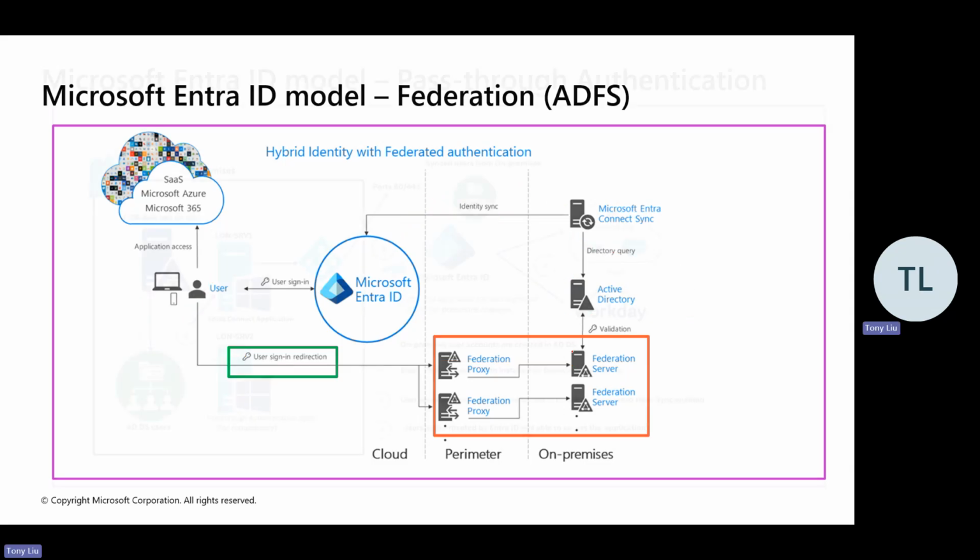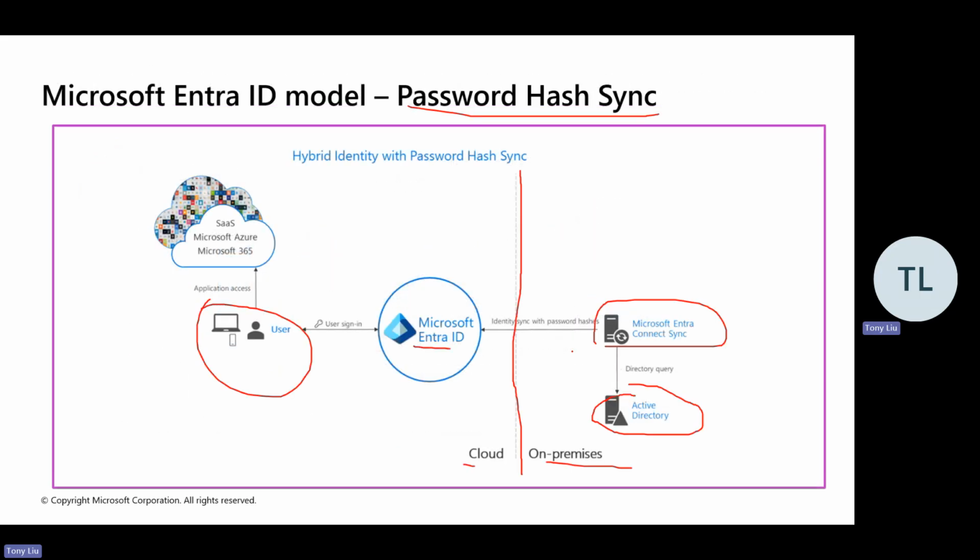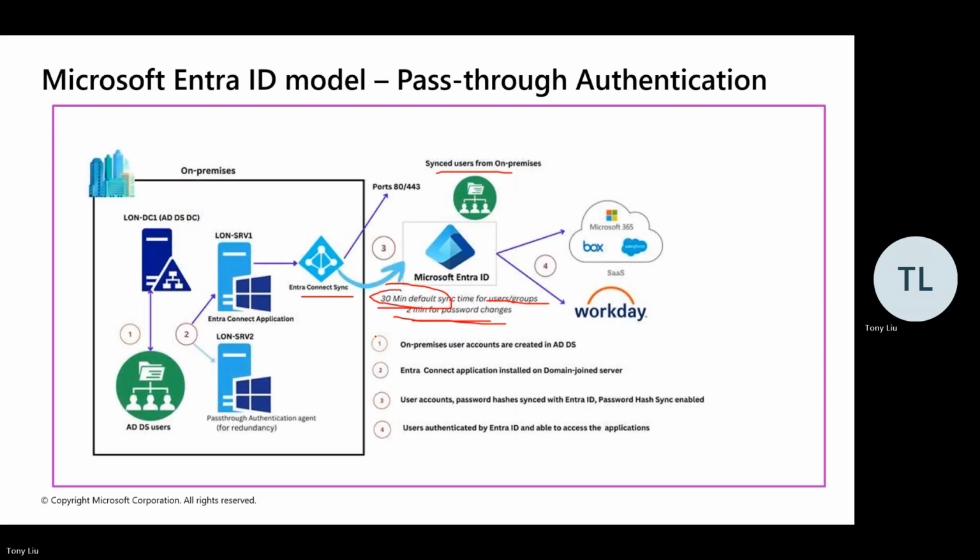So previously, this was pass-through authentication. With password hash, the user is authenticated on Entra ID with the same password because the password is synchronized. And with this one, the user is authenticated on Entra ID.